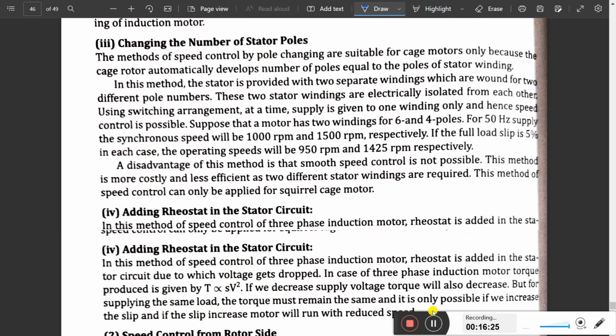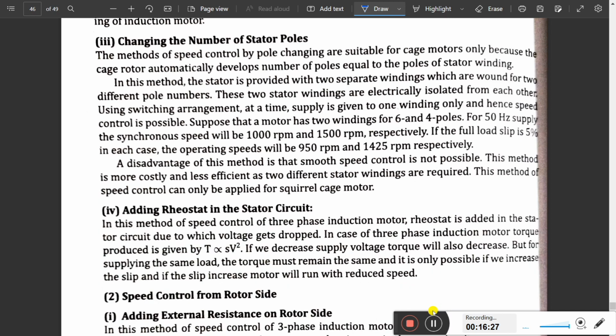Now, changing the number of stator poles. In this method, speed control by pole changing is suitable for the cage motor only, because the cage rotor automatically develops the same number of poles as the stator winding. In this method, the stator is provided with two separate windings. For example, for different numbers of poles, I am taking a 6 pole and a 4 pole machine.